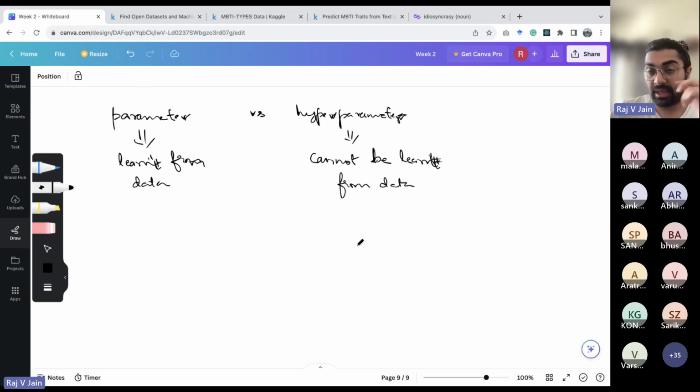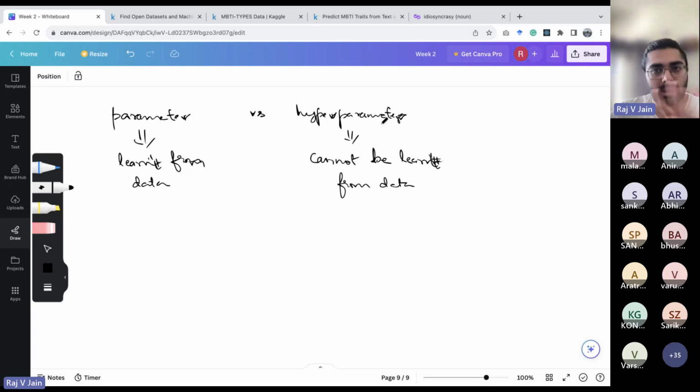If you learn these hyperparameters from the data, what will end up happening is the model will start cheating to get the lowest training error, and that will end up showing as a very bad validation and test error.